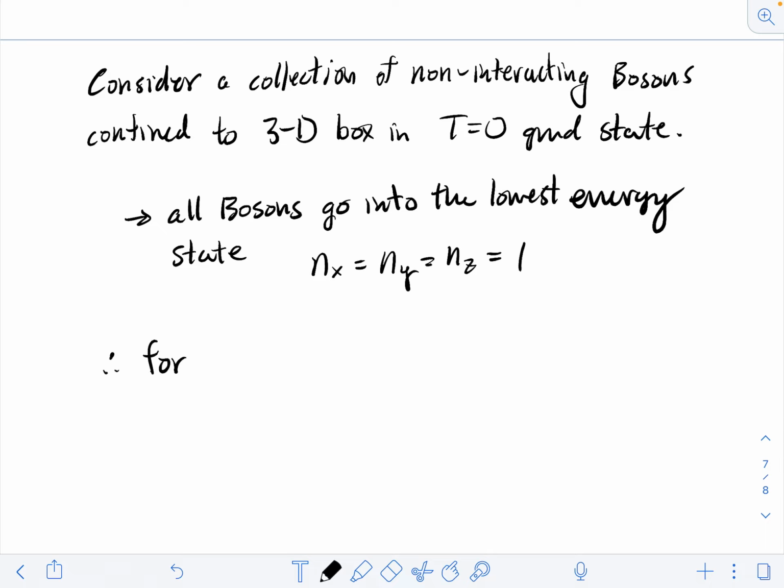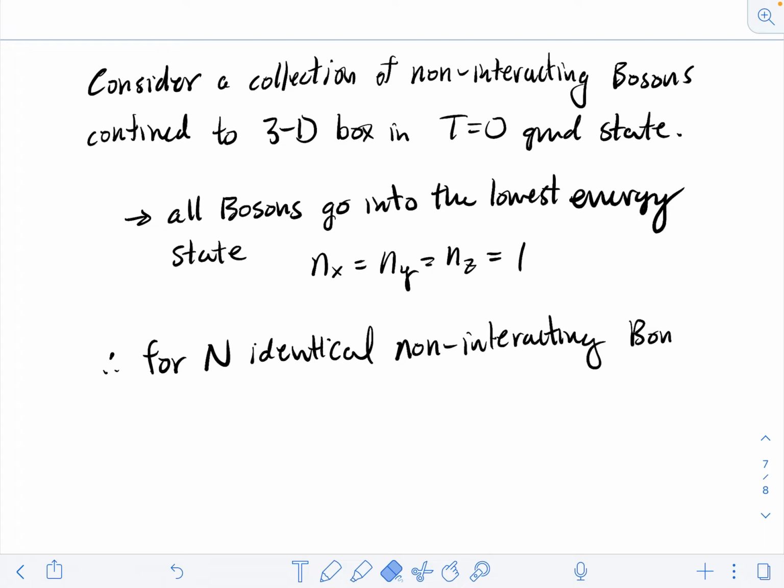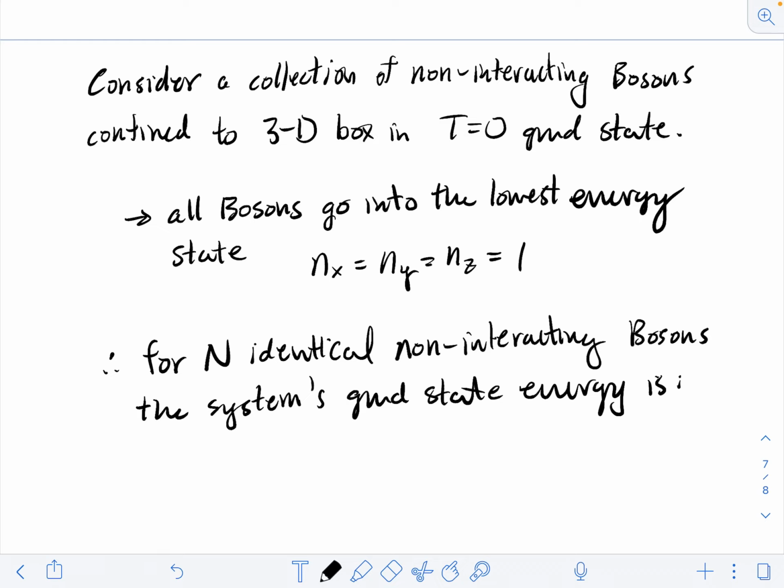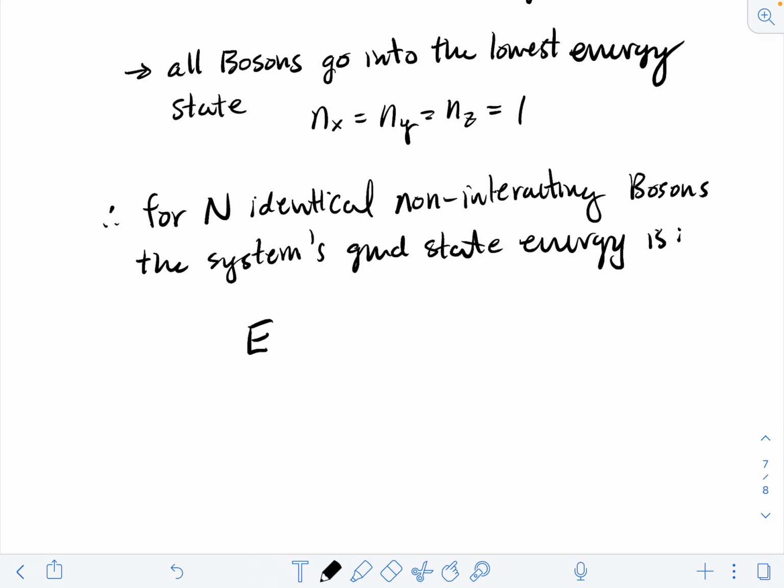Okay, so therefore, for N identical non-interacting bosons, the system's ground state energy, let's call that E0, is the total energy of the entire system.